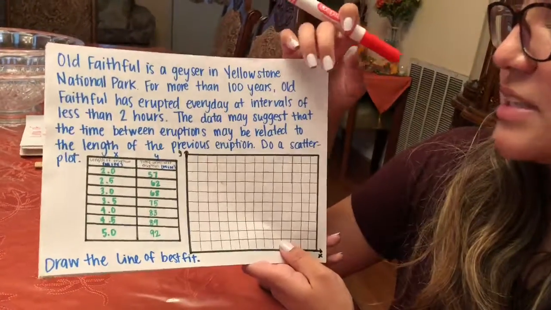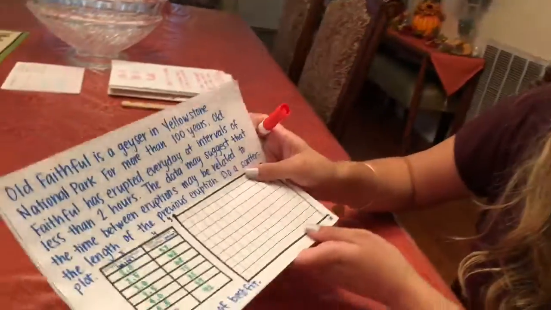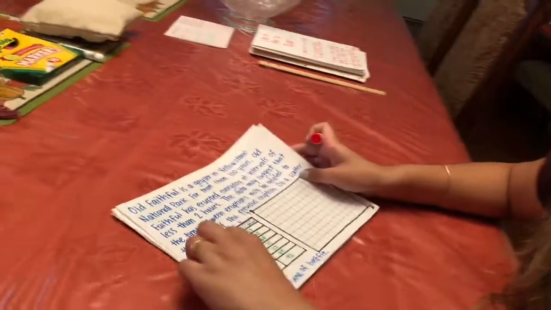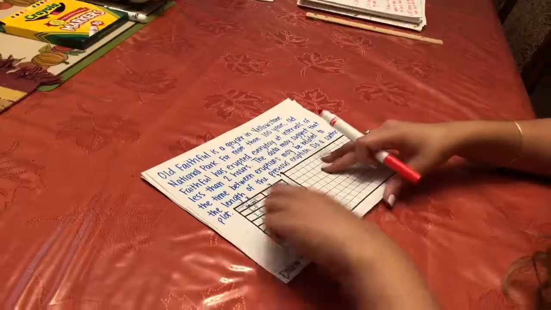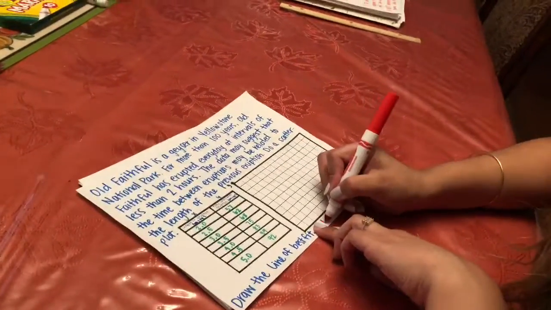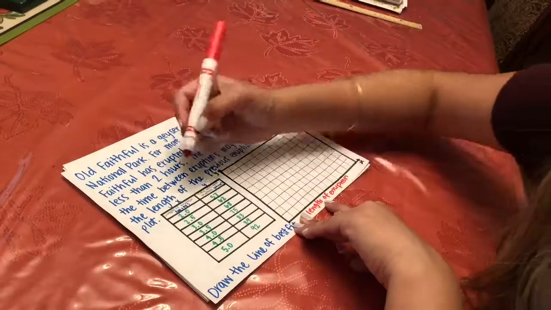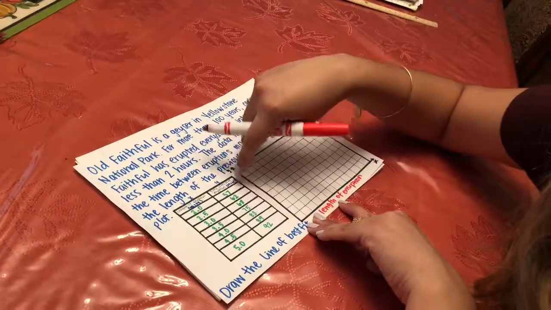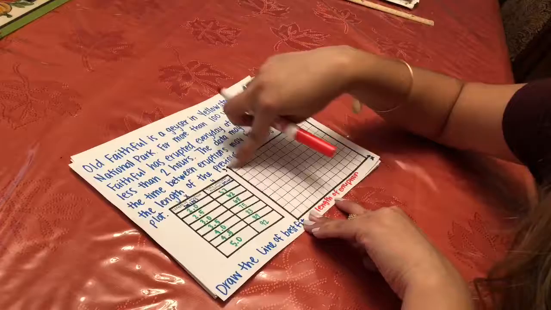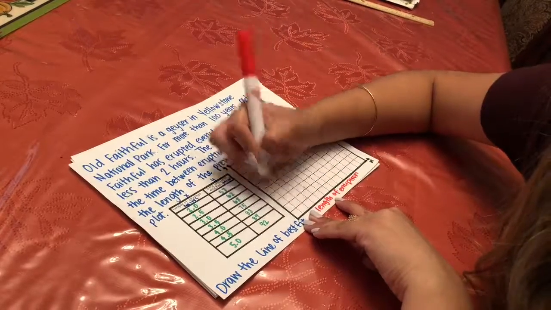So let's do a scatter plot for this. My x is going to represent the length of the eruption, and the time until the next one is going to be my y-axis.